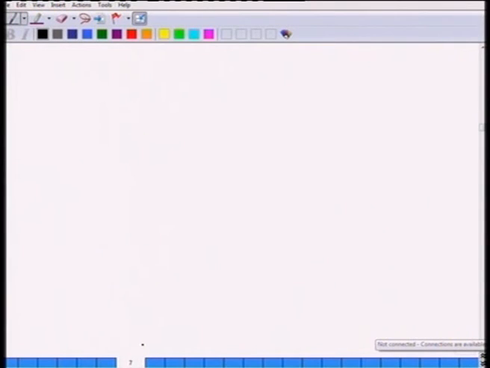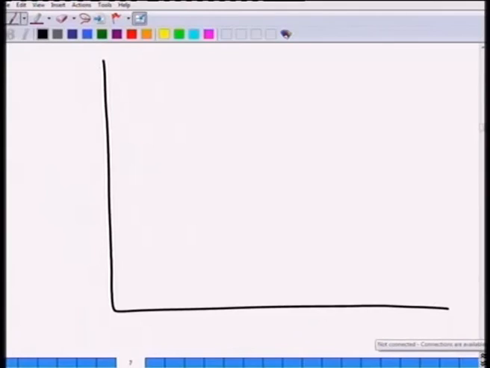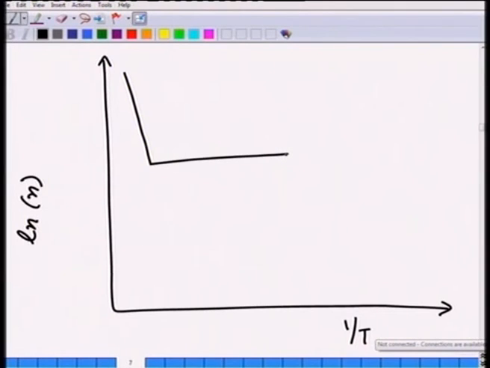What happens at the end? Now I am going to plot what happens when Na is not equal to 0. In that case, I will get two cases. One, natural log of n, since I am writing slope as, all right. Now, what will happen? We have two cases.